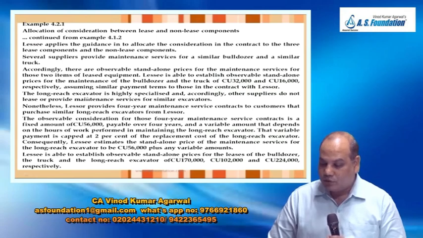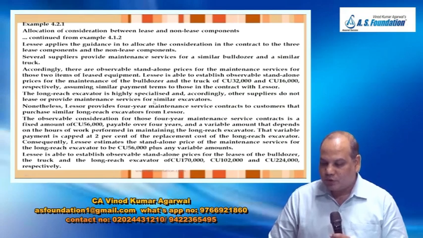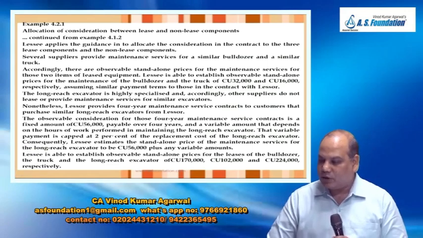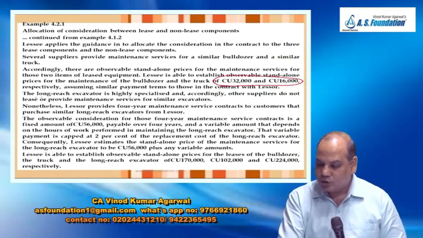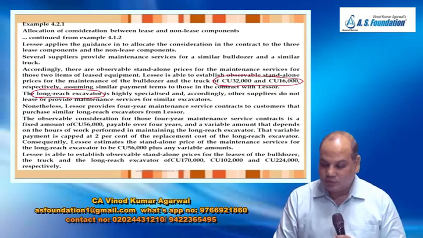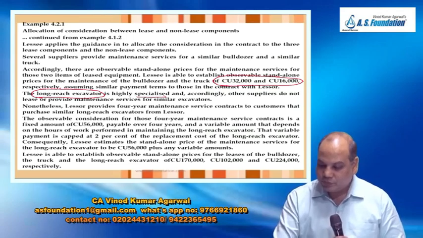The long reach excavator is highly specialized, and accordingly other suppliers do not lease or provide maintenance service for similar excavators. That means observable data is available for bulldozer and truck, but not available for long reach excavator, specialized equipment.